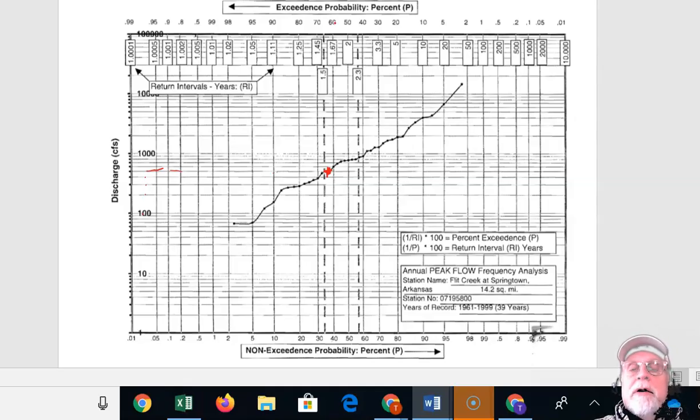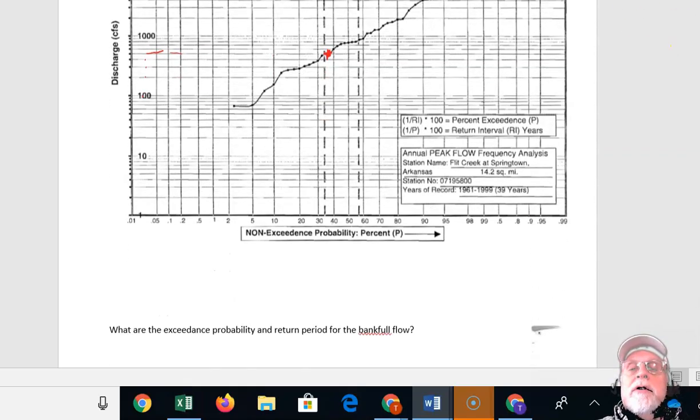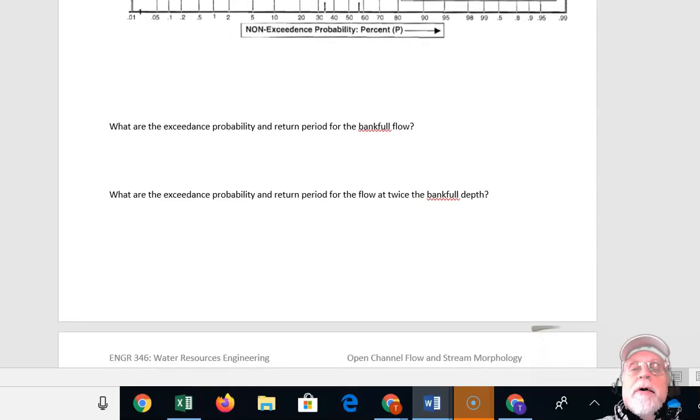No wait, this is 60, this is 70. So it's 60-some, say 63% exceedance probability, and so 37% non-exceedance. So the exceedance probability for bank full flow is 63%.